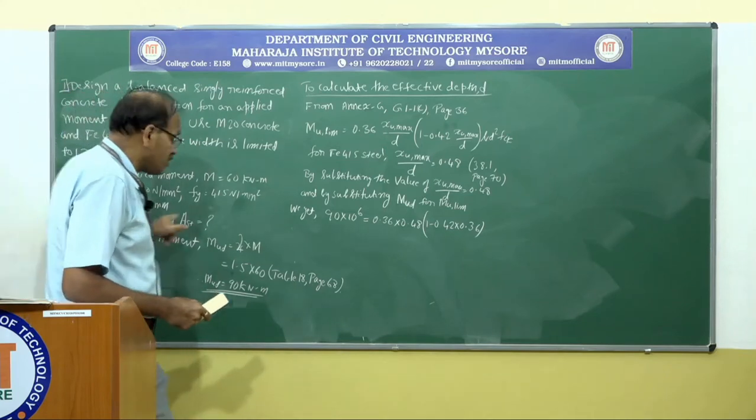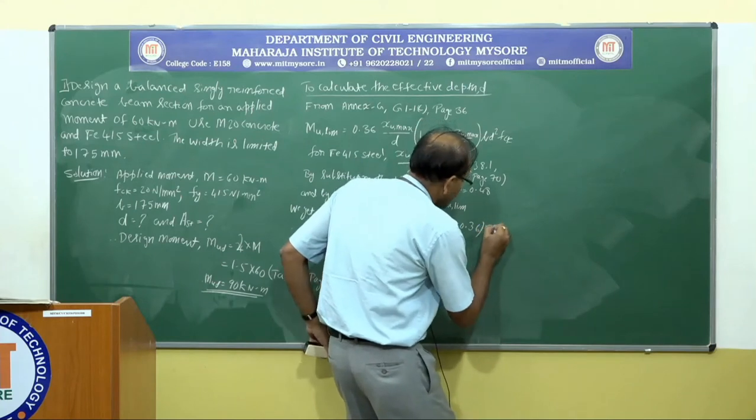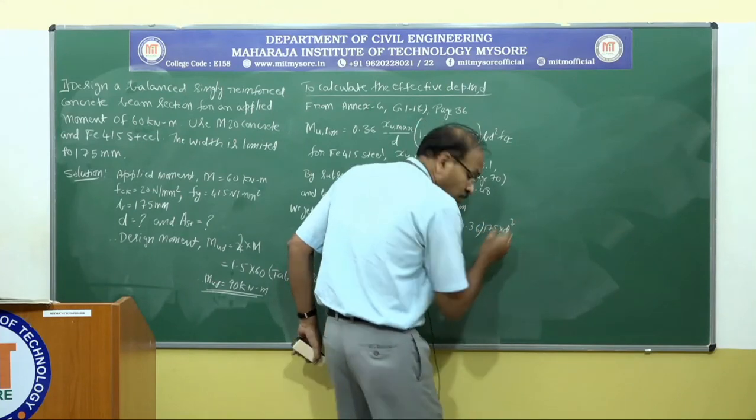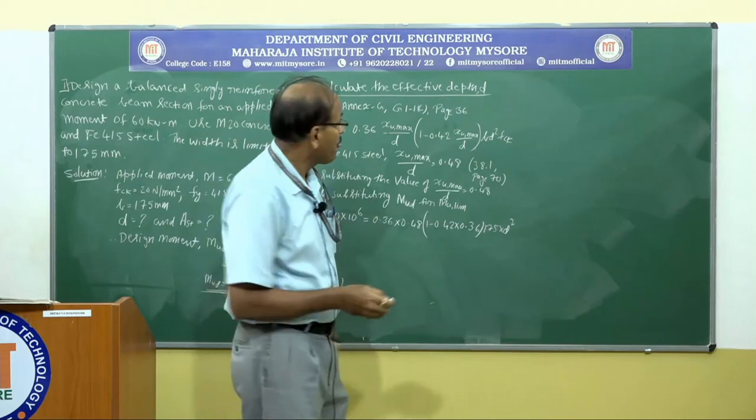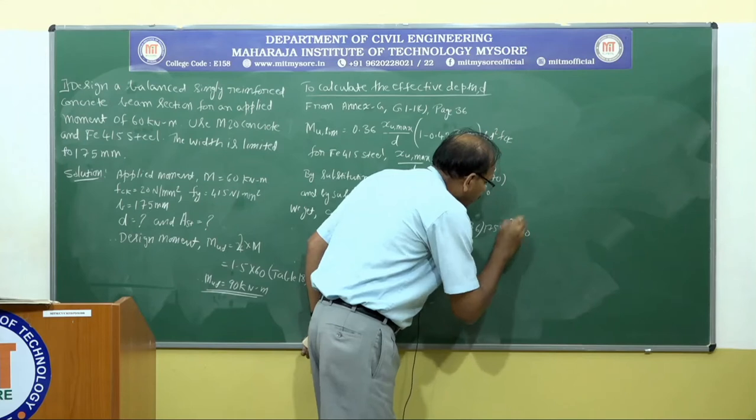Okay. So that is b equal to 175 millimeter. And d we don't know, that's what we are trying to find out. And the fck is 20 for M20 concrete.